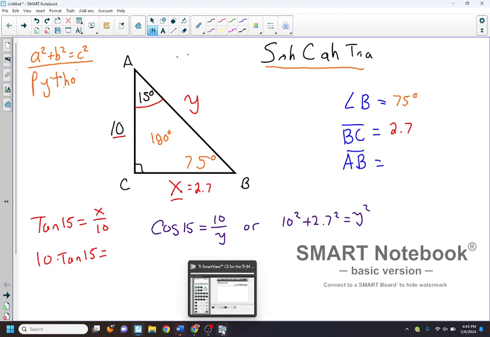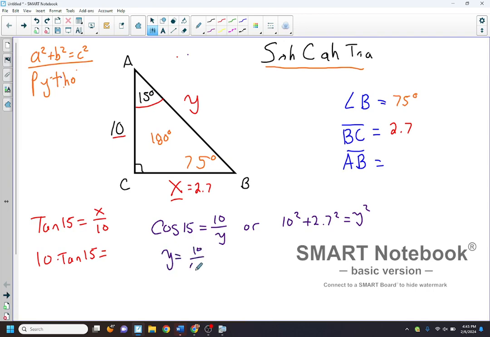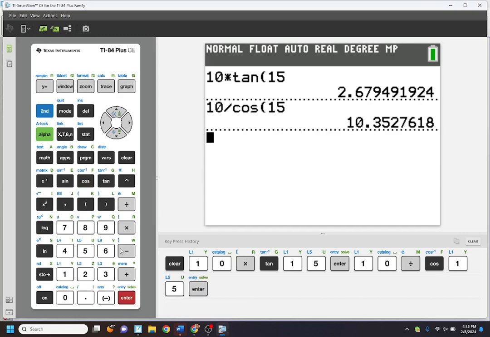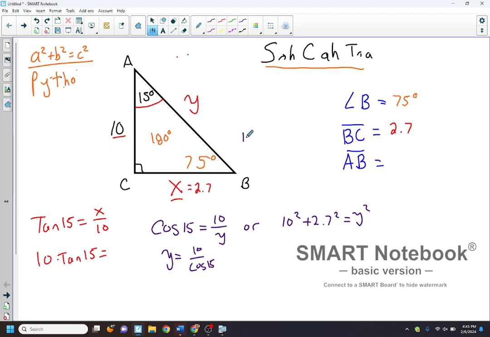Let's just prove it with a calculator. So this is going to swap, so it's going to be y equals 10 divided by cos 15. So 10 divided by cos 15, 10.35, or 10.4, I mean.